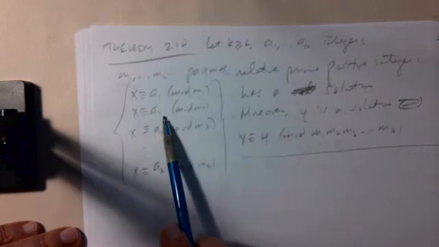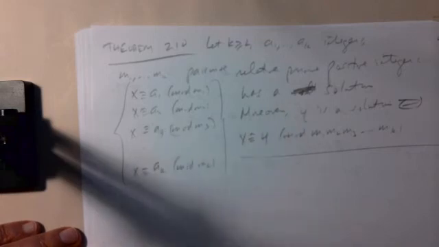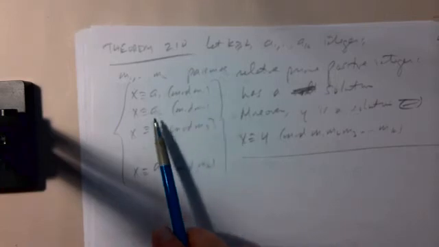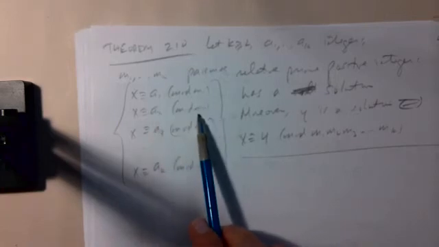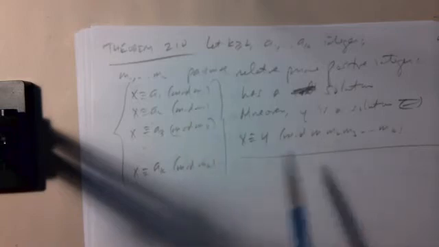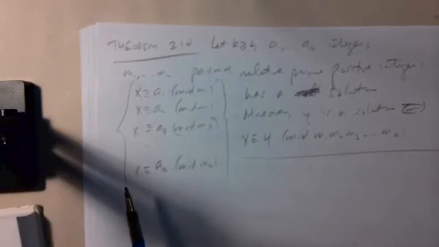So if you only have two congruences, if k equals 2, this is just a special case of the Chinese remainder theorem, because m1 and m2 are relatively prime, so a1 is congruent to a2 mod 1, and the least common multiple of m1, m2 is just the product m1 times m2.